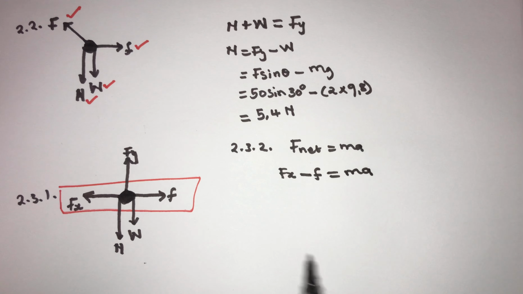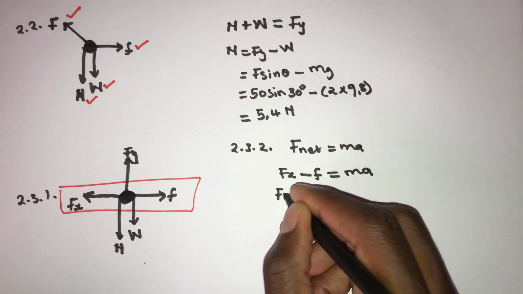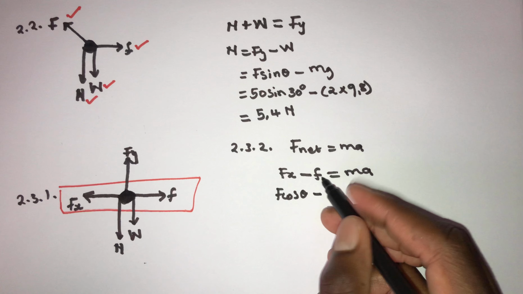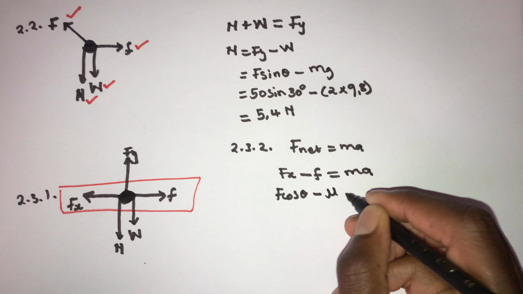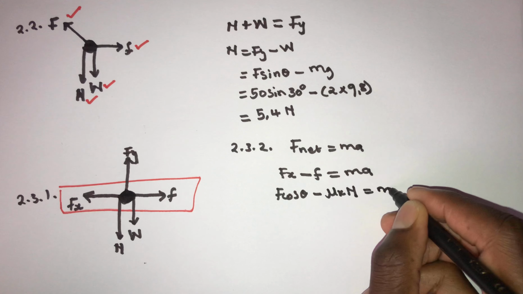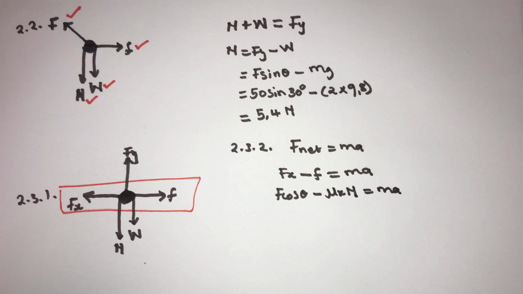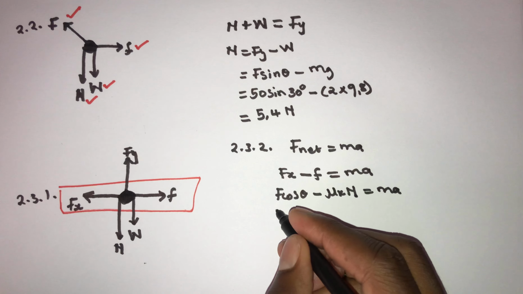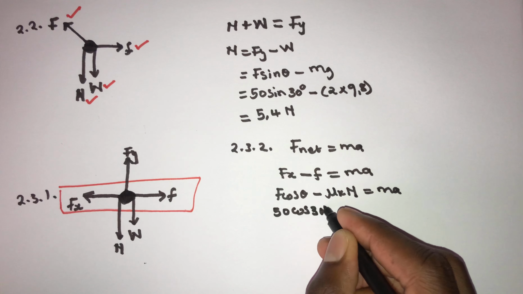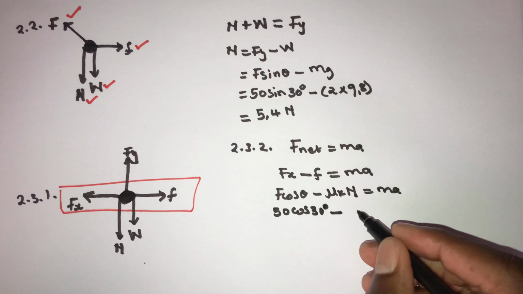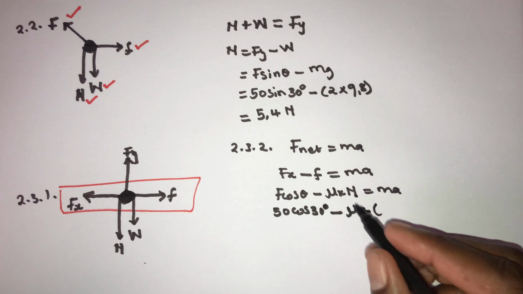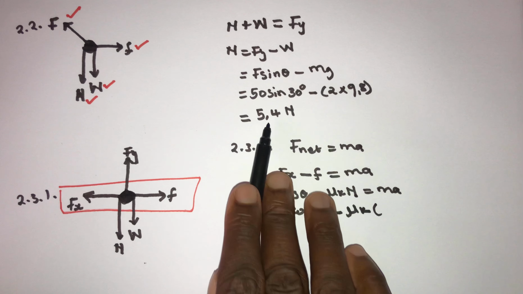So what is Fx? F cos theta, and minus frictional force, which is the coefficient of kinetic friction multiplied by normal force. Then it's equal to ma. That is the formula. So F is 50, then cos 30 degrees, minus, we are looking for the coefficient of kinetic friction, and then the normal force, we got 5.4.